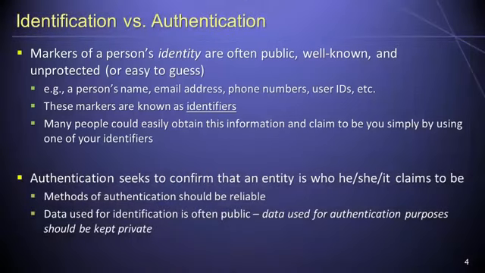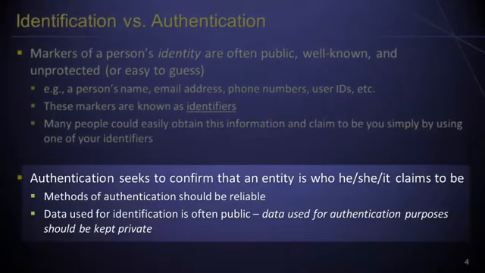Instead of simply asking a user to go through this identification process, then, we commonly also ask users to go through an authentication process. That is, the process wherein we seek to confirm that the user is who he, she, or it claims to be.